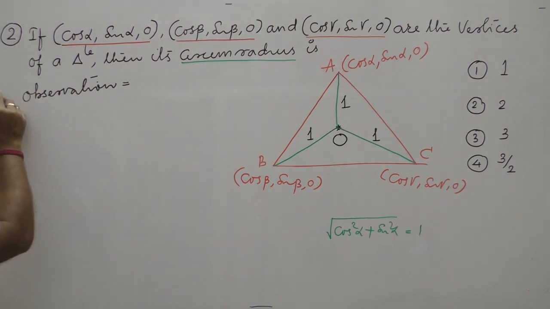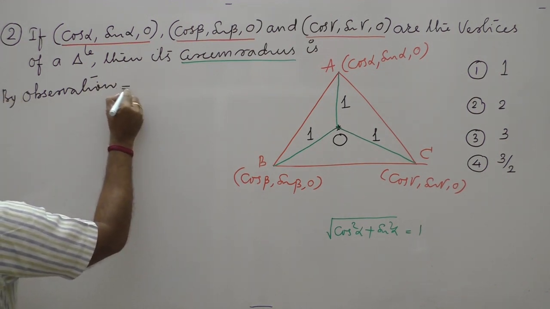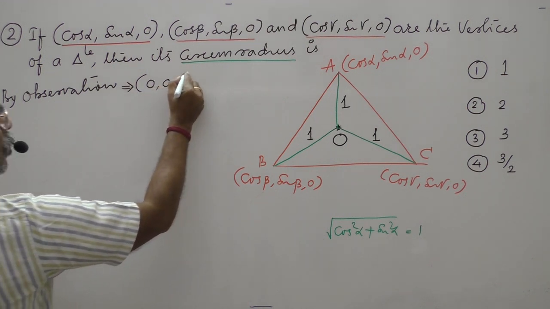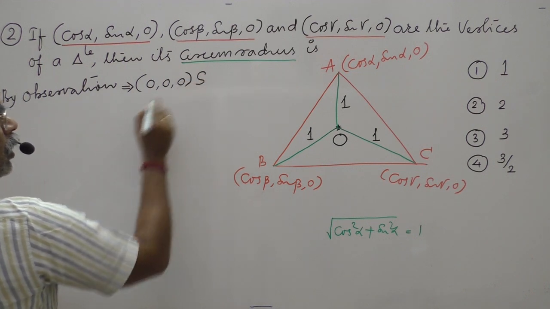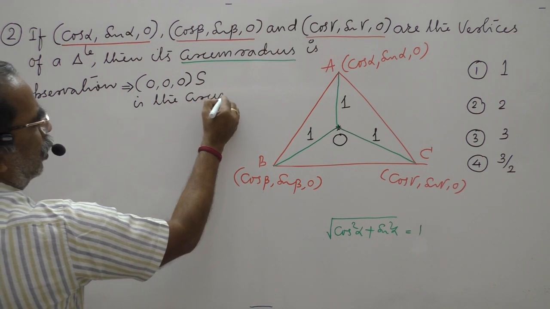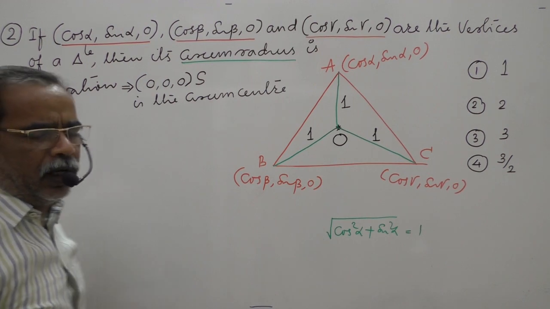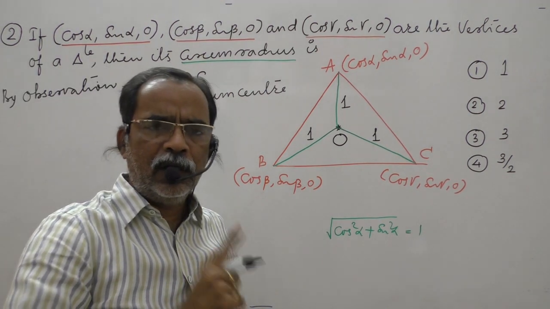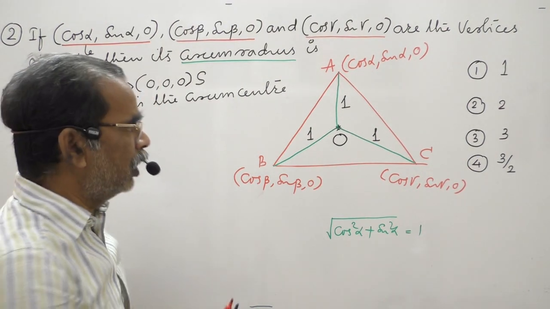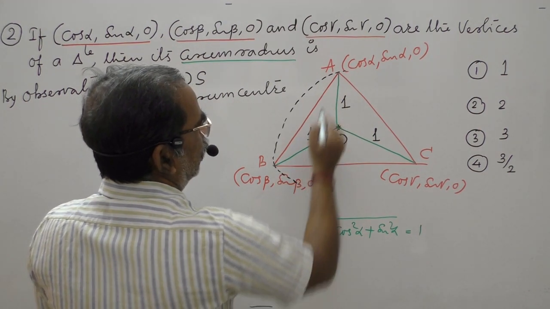Therefore, by our observation, 0, 0, 0, we shall denote it by S, is the circumcenter. What is circumcenter? Center of circumcircle. There is a property. Circumcenter is equidistant from vertices. The point which is equidistant from three vertices, it is only circumcenter.